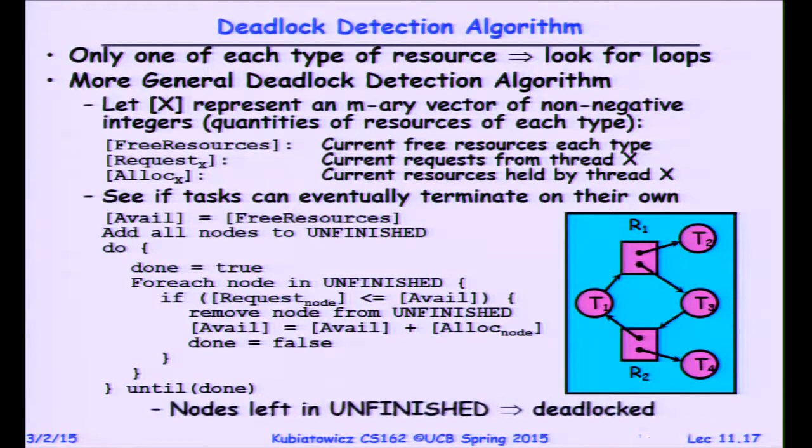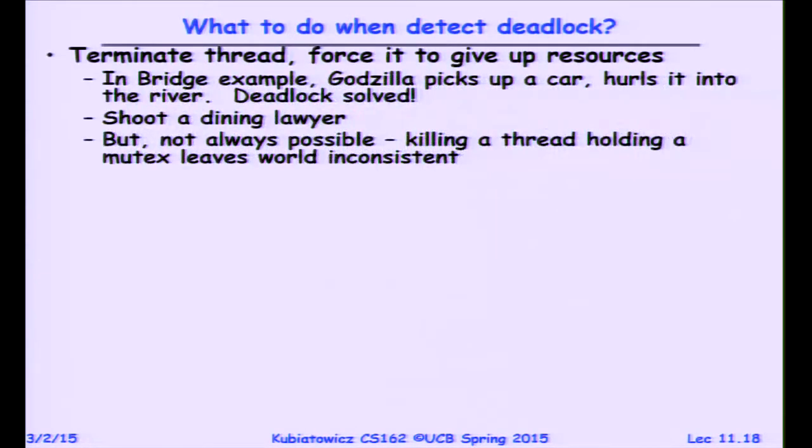Okay. So what do you do when you detect deadlock? So we talked about this a moment ago. You can terminate the thread, force it to give up the resources. So the bridge, Godzilla picks up the car and hurls it off the river. You solve the deadlock. Shoot a dining lawyer. I guess then you reach over and grab his one chopstick or something. Not always possible because killing a thread holding a mutex can leave the world inconsistent.